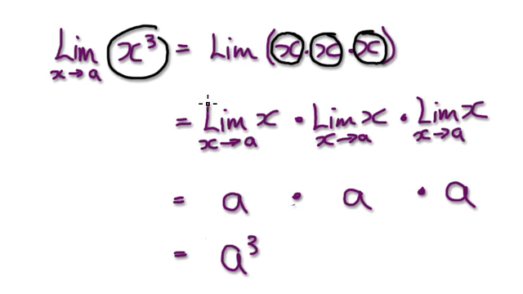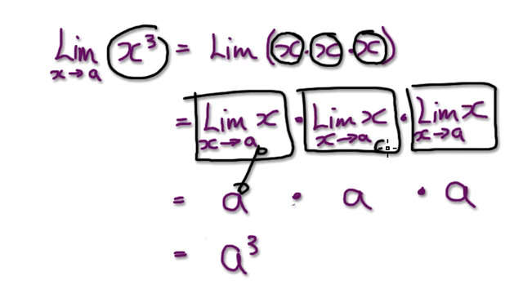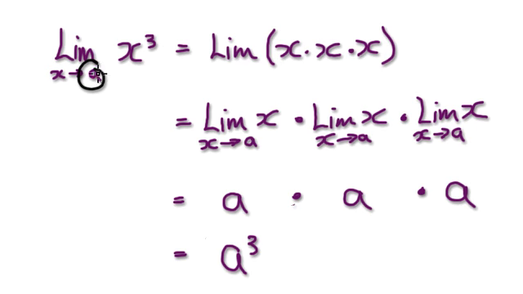So you find the limit of this times this times this. The limit of each is a. So you can simply put a in, and that will be a to the power of 3. So the limit of x to the power of 3 as x approaches a will simply be a cubed.